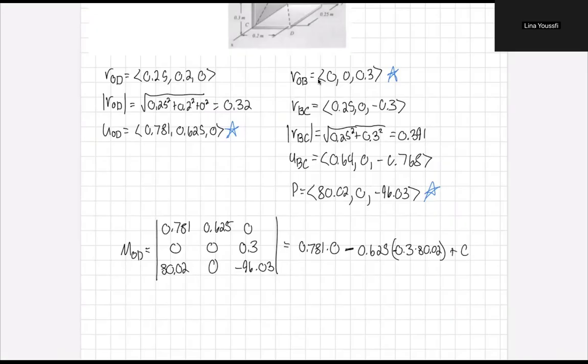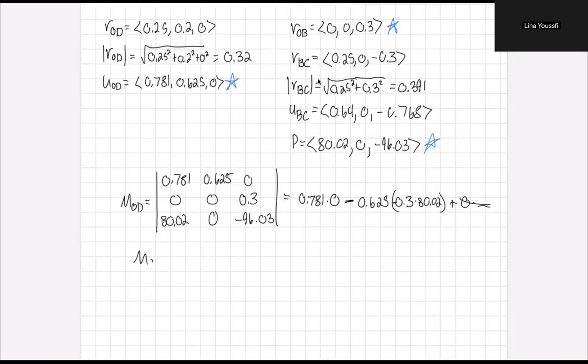And then we've got plus 0 times some value, but that's just going to go to 0 anyway. So this comes out to negative 0.625 times, and then that negative 0.3 times 80.02 is negative 24.006, which comes out to 15 Newton meters. So our moment about line OD by force P is just 15 Newton meters.